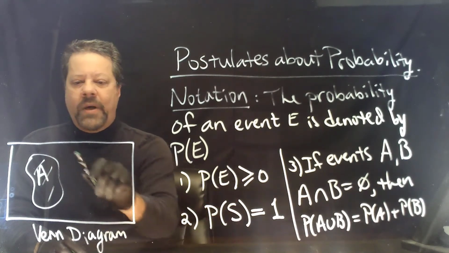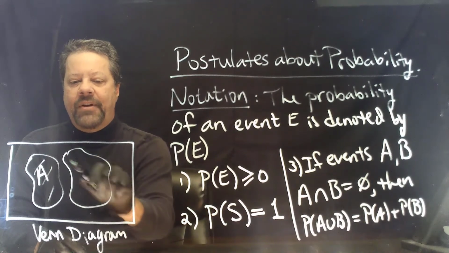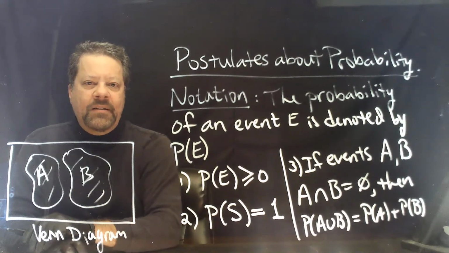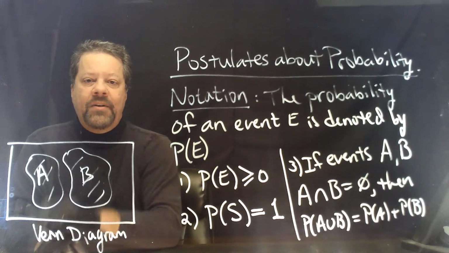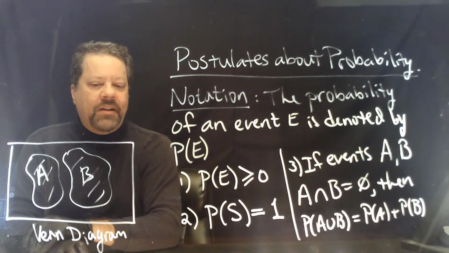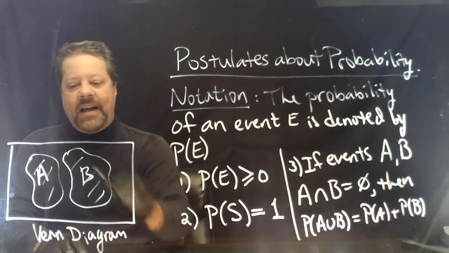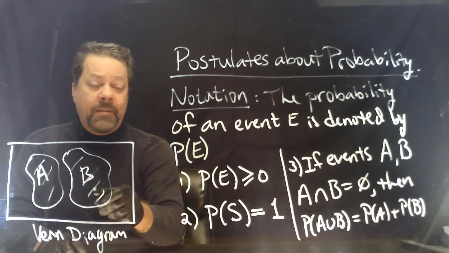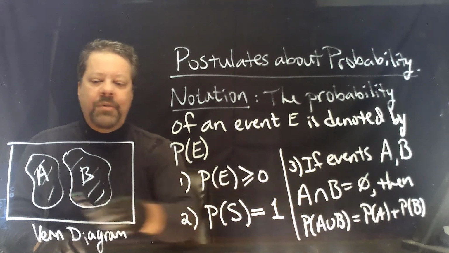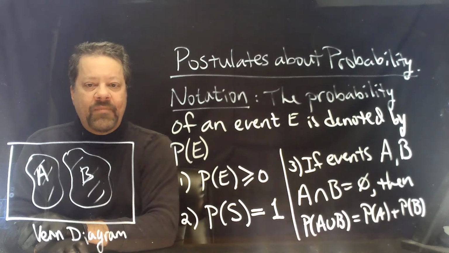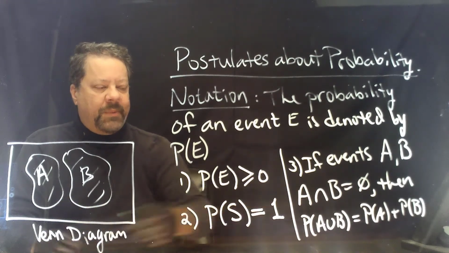To be disjoint, event B can have no terms in common with A. No simple events, no elements in common with the event A. They're disjoint. So the probability of getting something in either event A or in event B will be the sum of the two probabilities of these independently. The probability of getting A plus the probability of getting B.